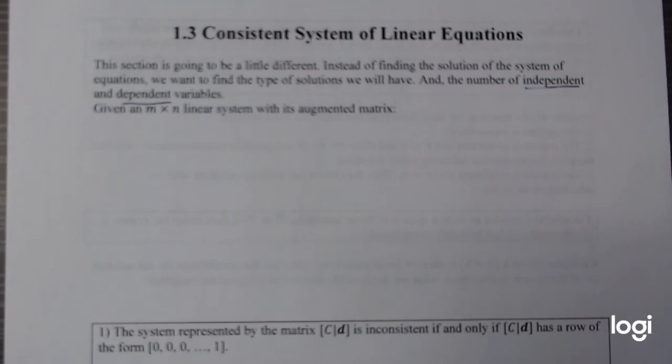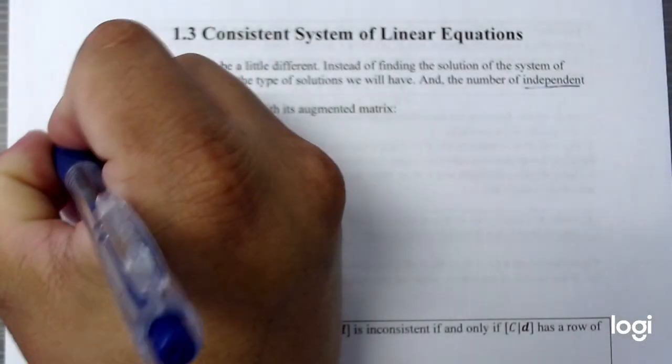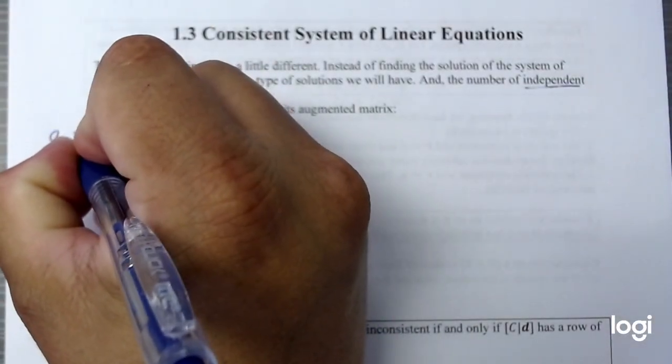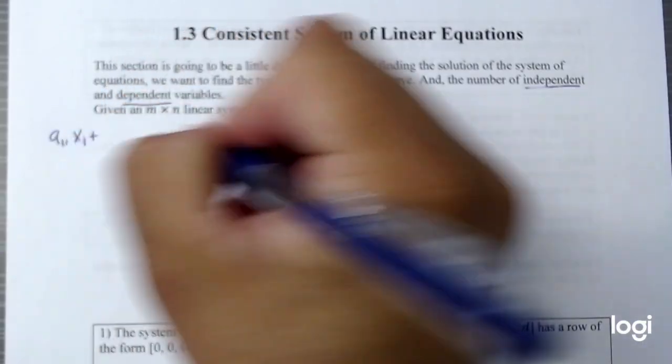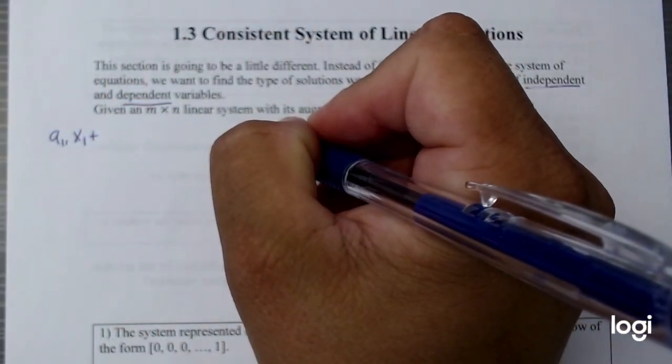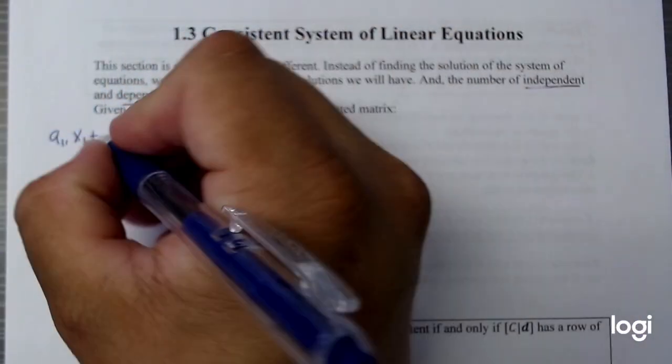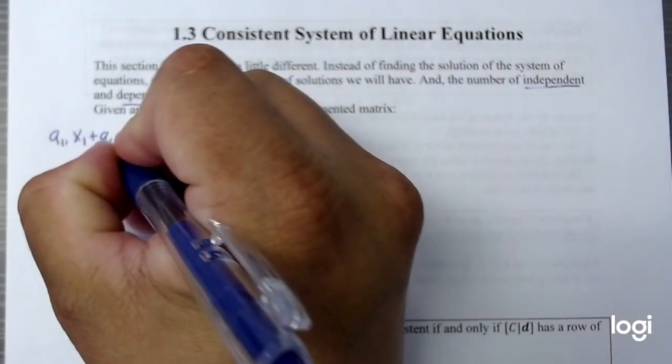So we were given an n by n linear system with an augmented matrix. Remember what this represents, right? In general, if we have m equations with n variables, it's going to look like this.